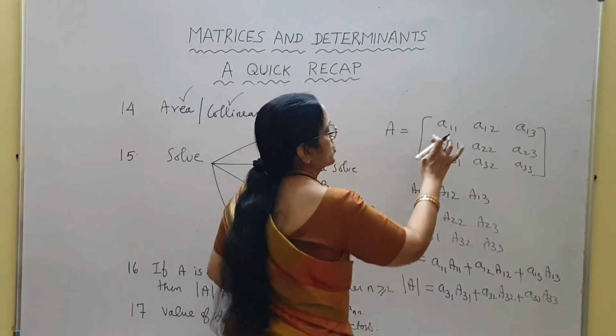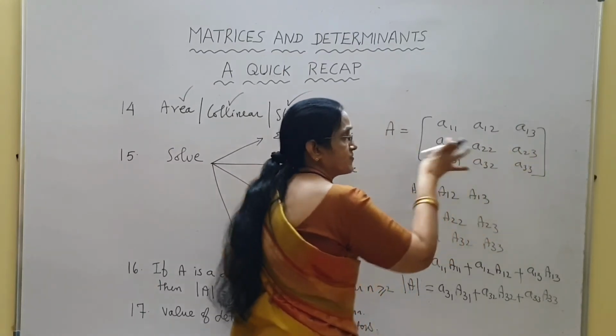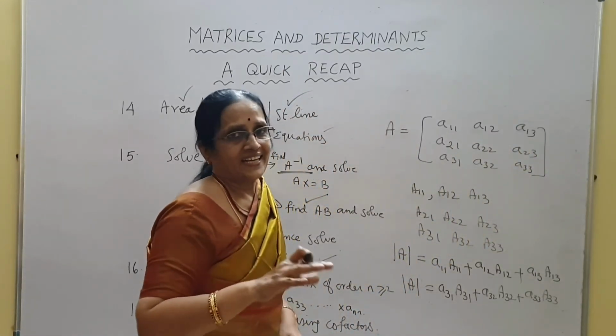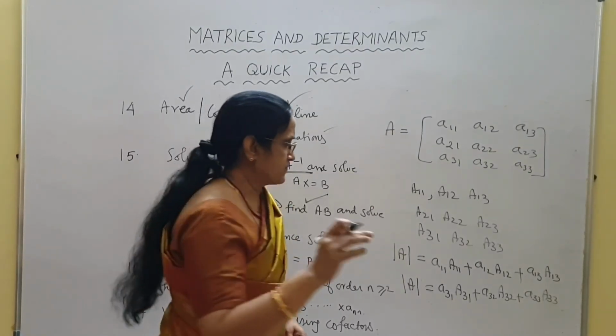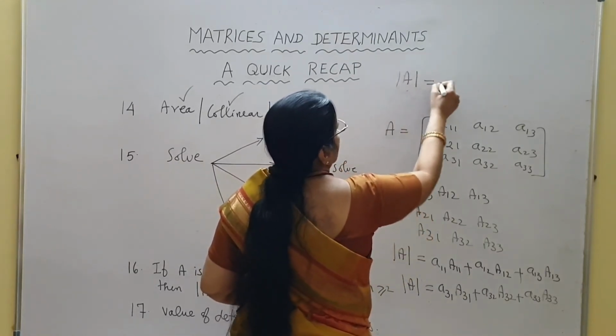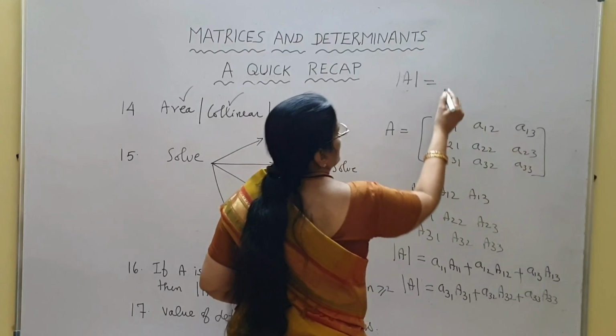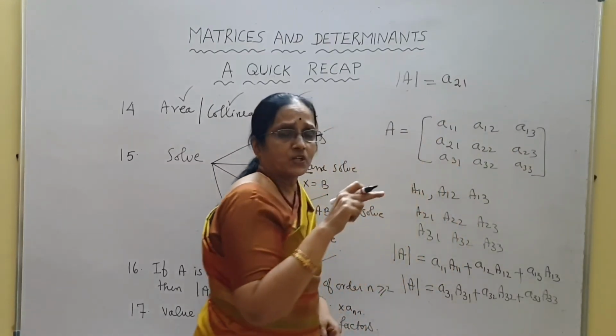Suppose you choose one particular row, but you write the cofactors of some other row. Then the value of the determinant will be 0. For example, if I choose the second row, a21, I should choose the cofactor capital A21.